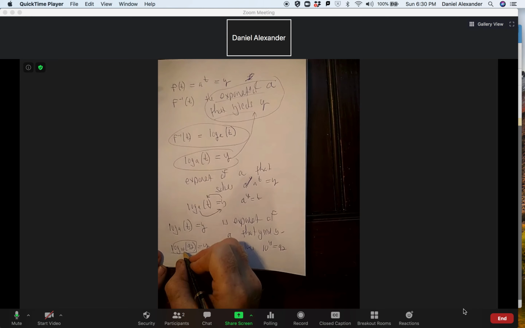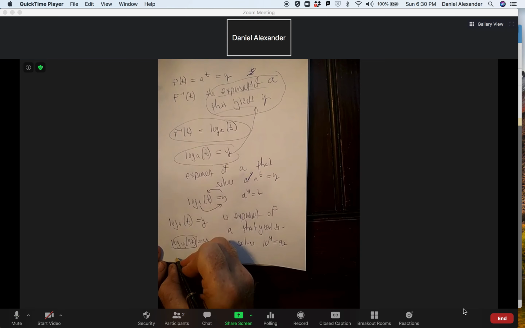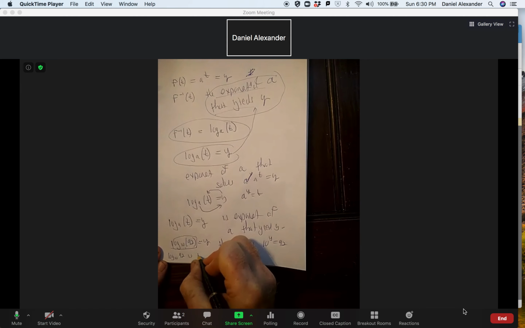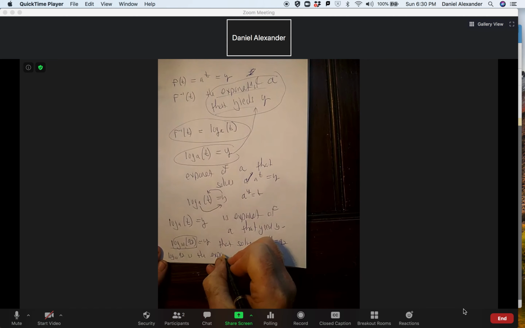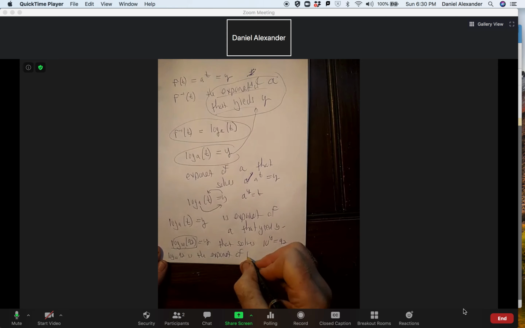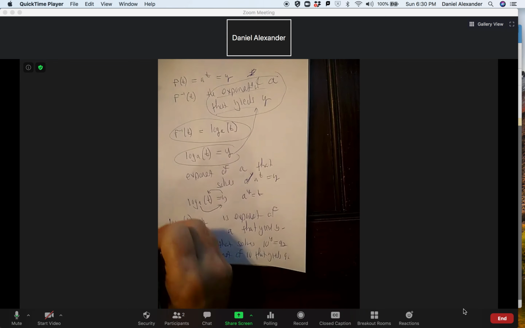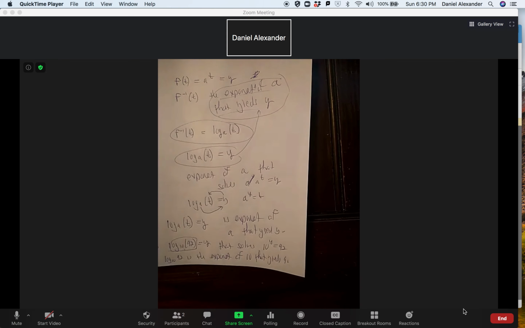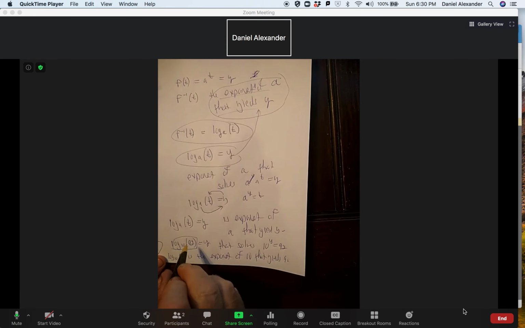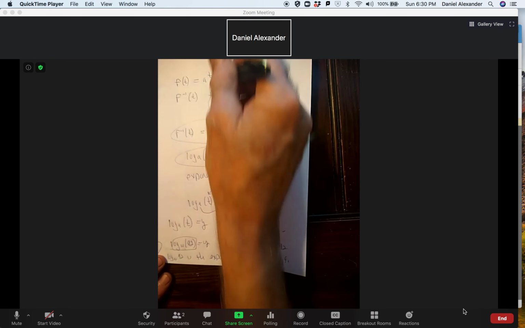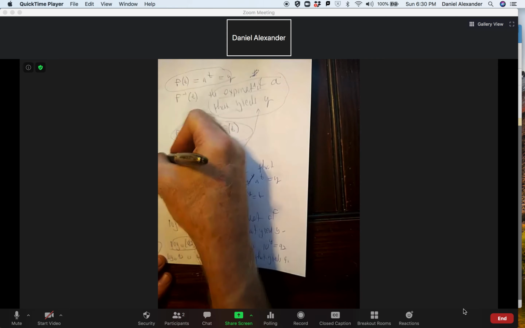This number here, again, log 10 of 92, is the exponent of 10 that yields 92. Okay. Now, so I'm just trying to get used to the language. When you see the log, keep in mind that this is just the reverse of this. This log is the inverse of this.